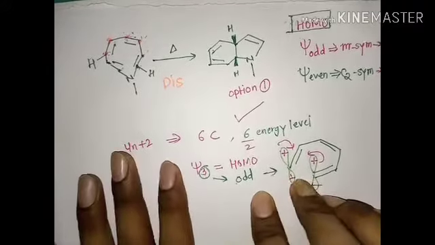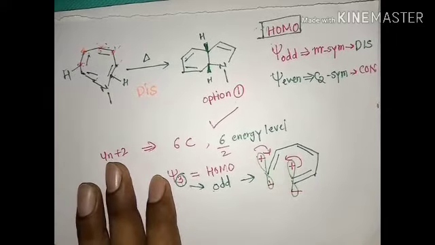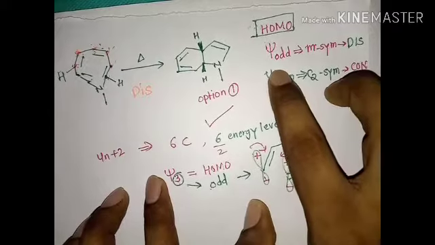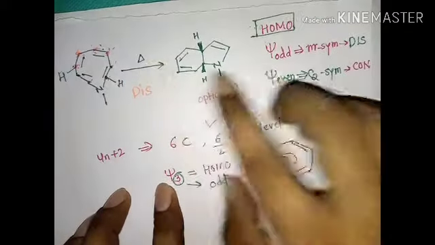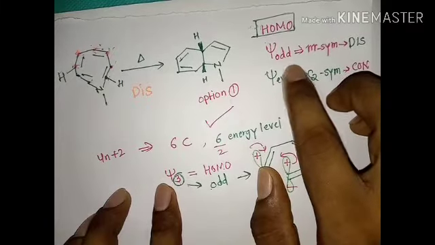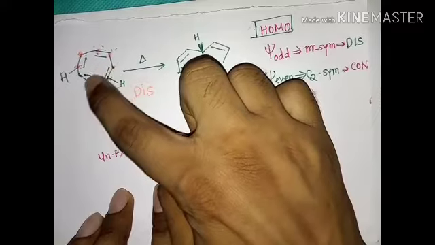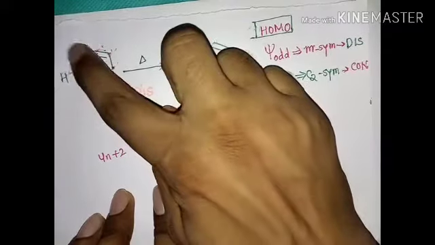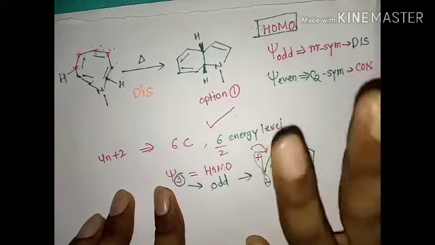In another way, without remembering all the selection rules, we can simply say that if it is thermal, we have to see the HOMO. Here we are using six carbon atoms, so 6 energy levels, 1 2 3 4 5 6, which means psi 3 will be the HOMO.